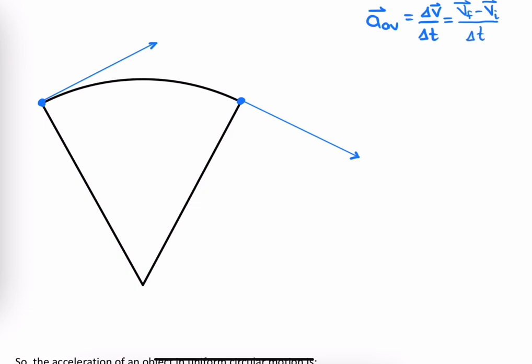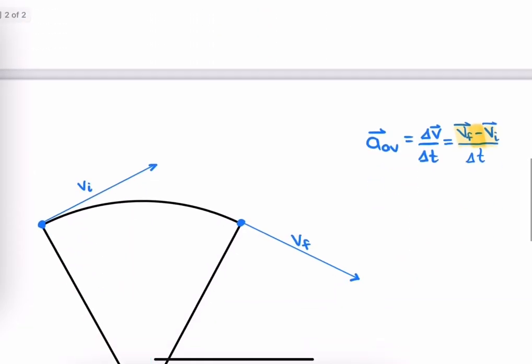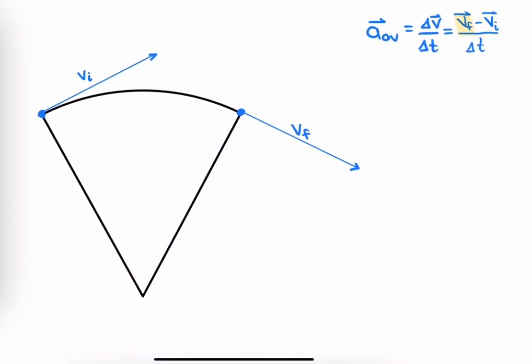Okay, well, if this is VF and this is VI, then to do VF minus VI, that's like doing VF plus the opposite of VI. Remember, to subtract a vector, we add the opposite. So I'm going to take my VF here, and to it, head to tail, I'm going to add the opposite of VI, so same length as VI, but heading in the opposite direction.